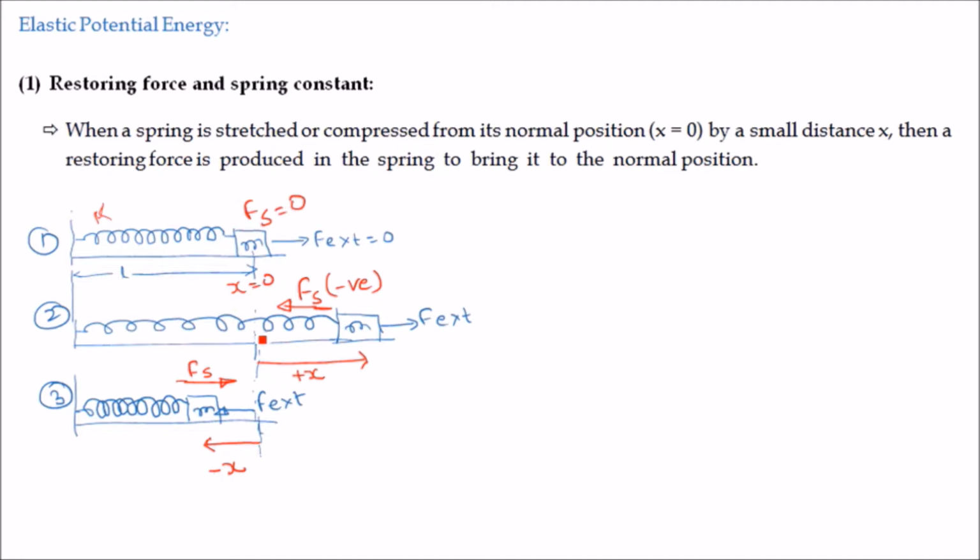Once we want to stretch the spring after application of an external force denoted by F external, correspondingly a restoring force is produced in the spring which wants this object to move to its normal position. That is, this restoring force wants to nullify the expansion in the spring.